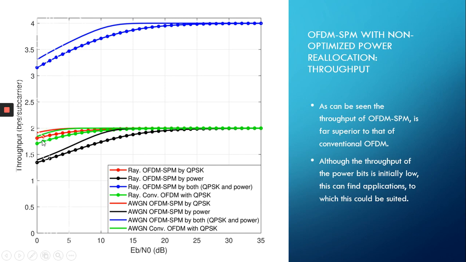And just as the BER showed, the performance of OFDM-SPM through QPSK symbol modulation is actually better than conventional OFDM with QPSK, as the throughput here, the red one, is higher than the green one in an AWGN channel, and the same applies for a Rayleigh fading channel.